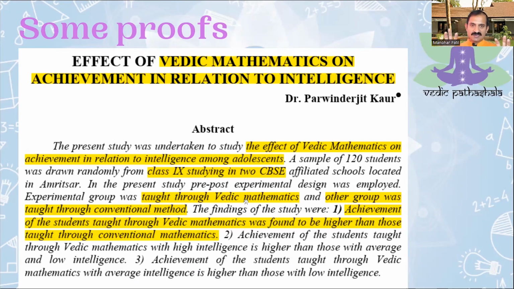She has taken two groups, one with regular maths, one with Vedic mathematics, and she found that, you can see the findings of the study, achievement of the students taught through Vedic mathematics was found to be higher than those taught through conventional mathematics, that is regular mathematics. This is research paper published in scientific community. It's not from my side or my own creation.